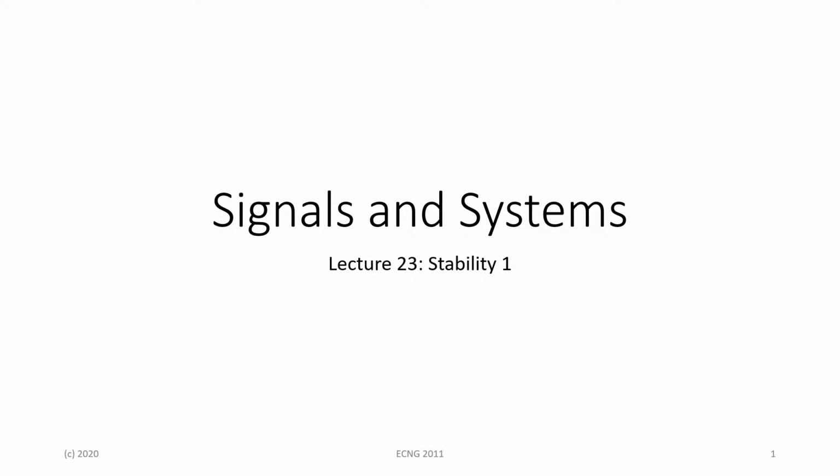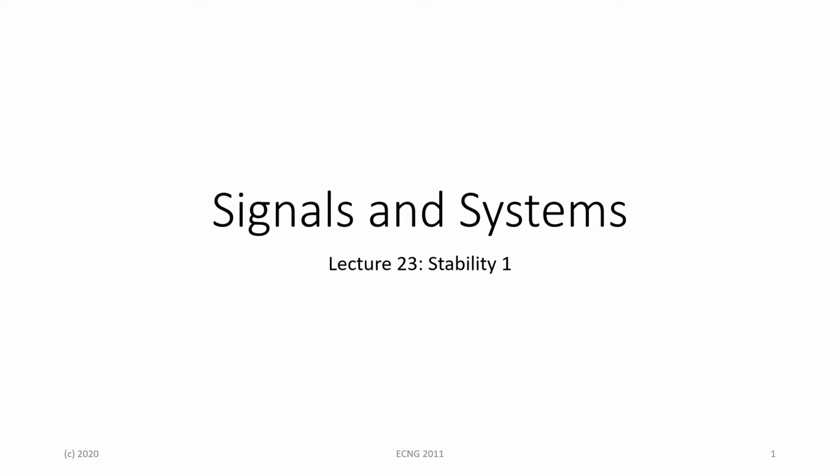Alright, good afternoon everyone, and today's lecture and part of tomorrow's lecture is going to be on the topic of stability. In particular, we'll be looking at the use of the Routh-Hurwitz Criterion to determine if a system is stable or not in the Laplace domain.